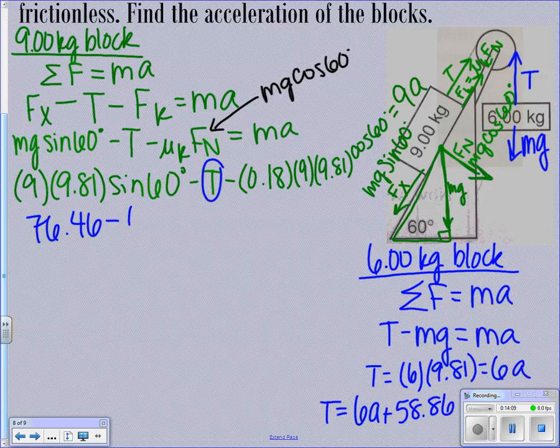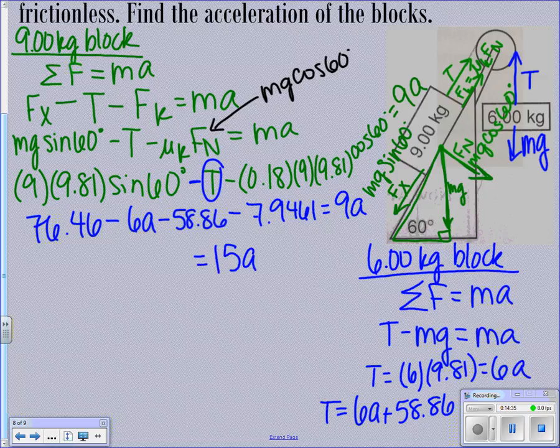So minus 6a and then minus 58.86 because you have to distribute that negative right there. And then if you do 0.18 times 9 times 9.81 times the cosine of 60, you get 7.9461. That equals 9a.